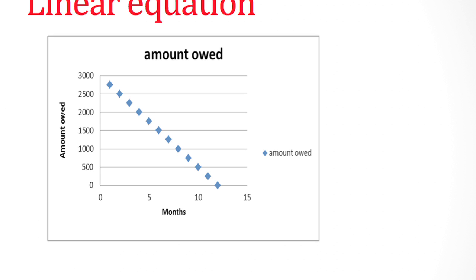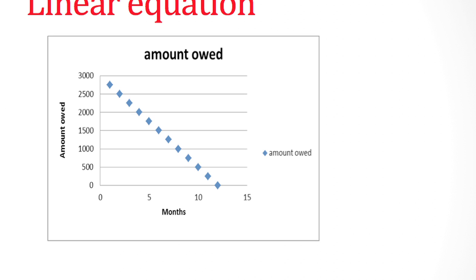So the first month you pay 250, 500, 750, 1,000, 2,000, right? So you're gonna start over here. You borrow, you owe the money, right? And the first month you pay. So you're gonna write this down.